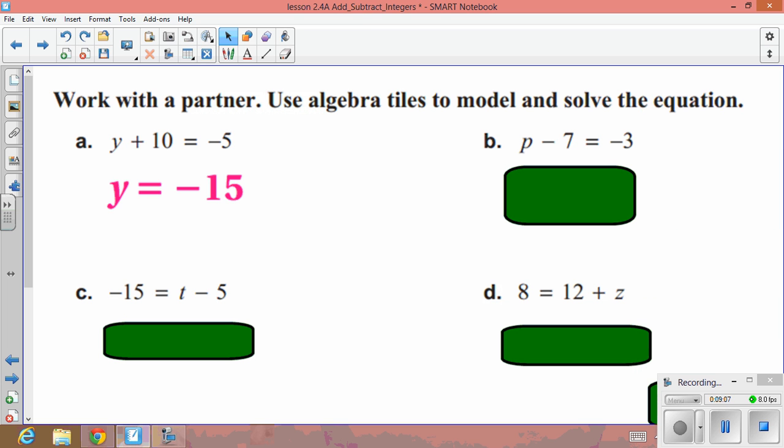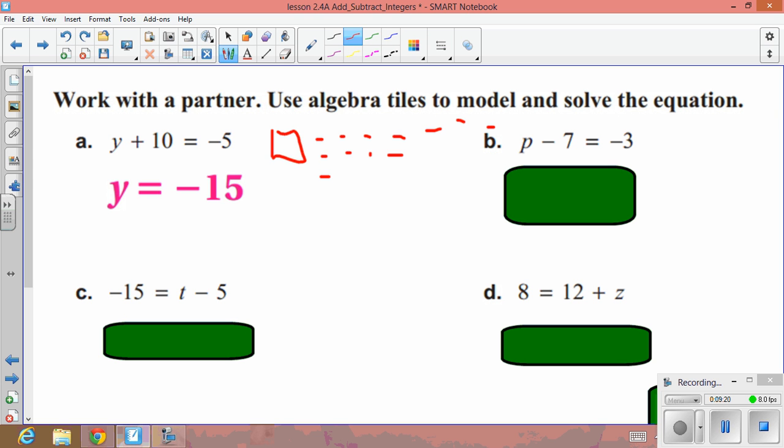For example number 2, we have variable minus 7 equals negative 3. What we want to do again is isolate our variable, so we want to get rid of this minus 7. We're going to add 7 and do the same to the other side.